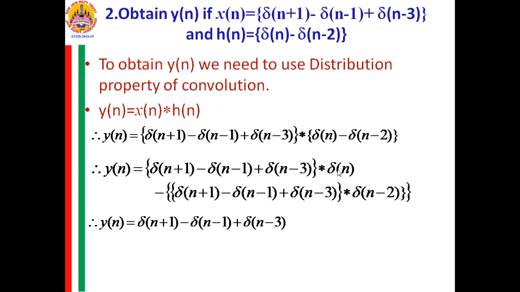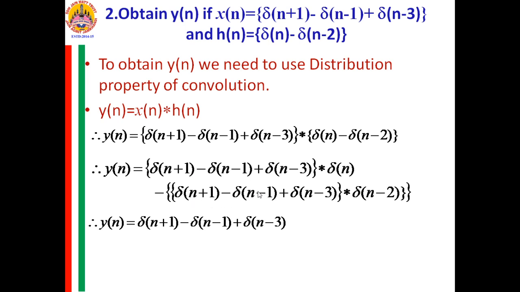When you convolve with delta of n, you get x of n itself, that is delta of n plus 1 minus delta of n minus 1 plus delta of n minus 3. And the second term is minus of x of n minus 2, so every n is to be replaced with n minus 2.